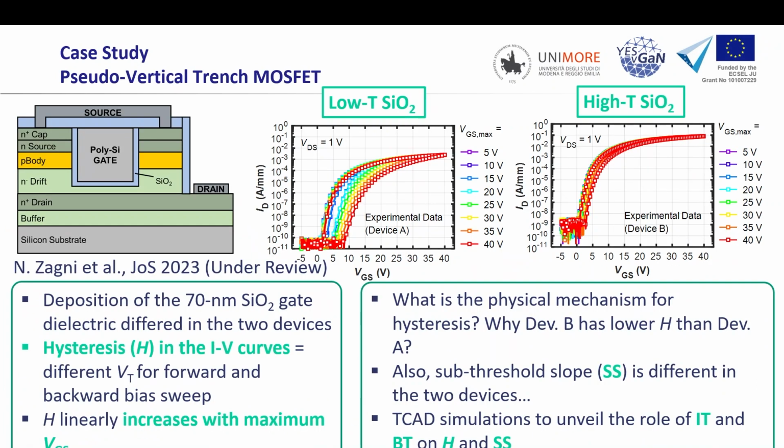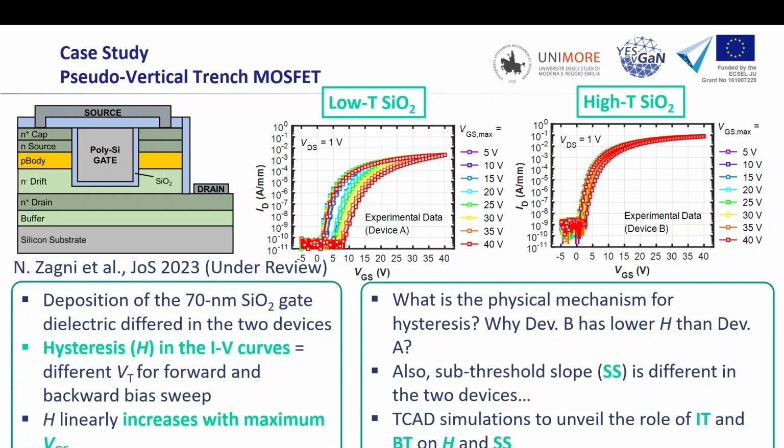And yeah, we also did some simulation of the trench MOSFET from the devices of Bosch. So these are two kinds of devices with a different deposition temperature for the silicon dioxide. They also had a different processing, but let me just focus on the gate oxide for the time being.